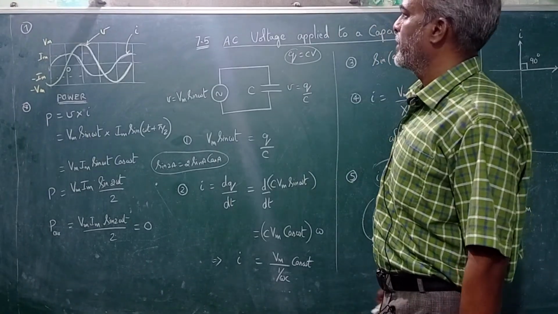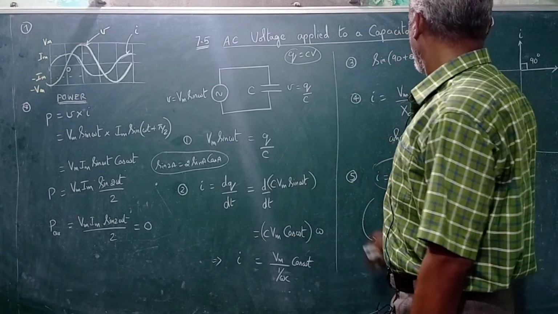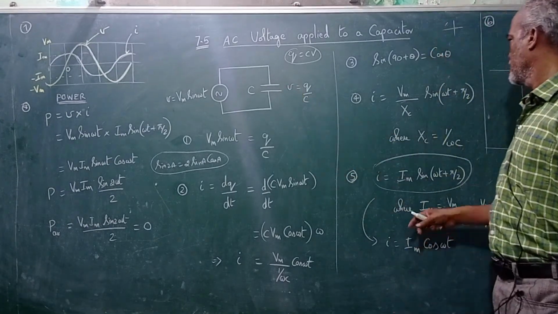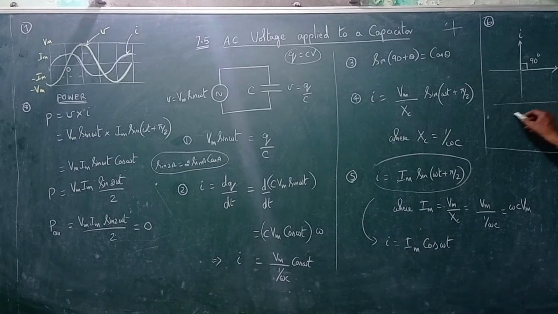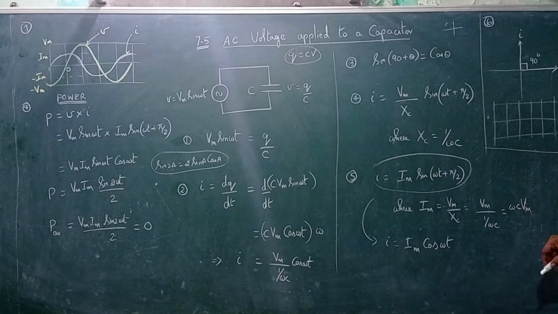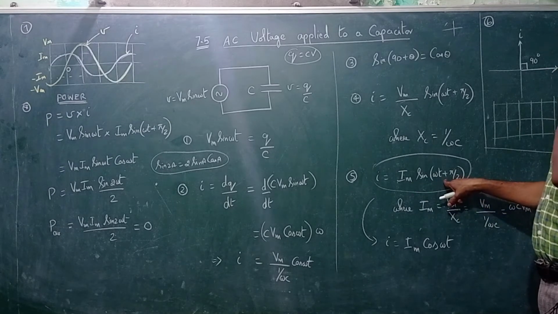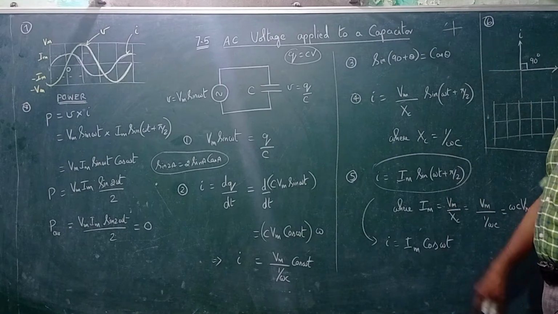Now, one more point, how to draw the waveform for this current and voltage. First, you draw lines like this, okay. So we know that the current is leading the voltage by 90 degree, okay.